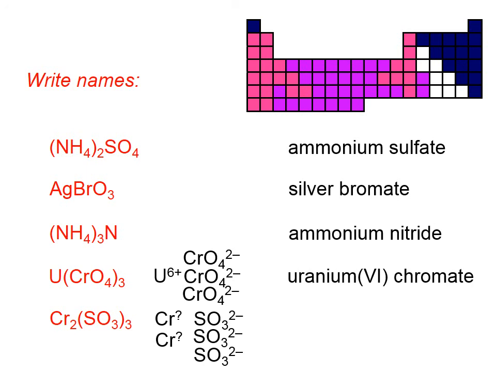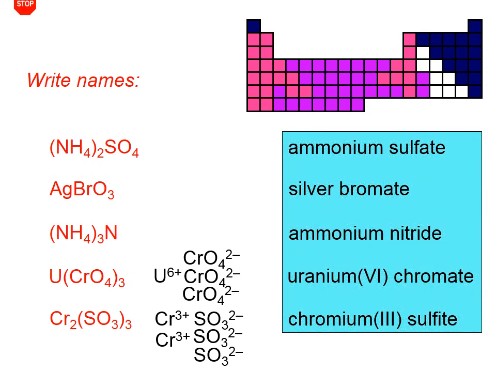So this is SO3 2-, which is sulfite. Remember, the charge doesn't change when we go from -ate to -ite and so forth. So it has a 2- charge. All of this sulfite gives us a net of 6 negative charges, which means each of these chromiums have to be worth 3+, so the name of this is going to be chromium 3 sulfite.